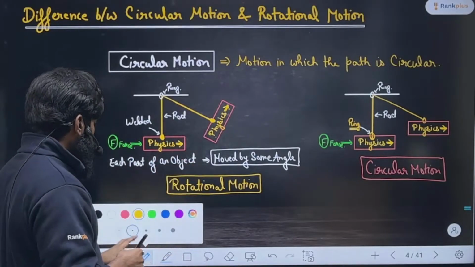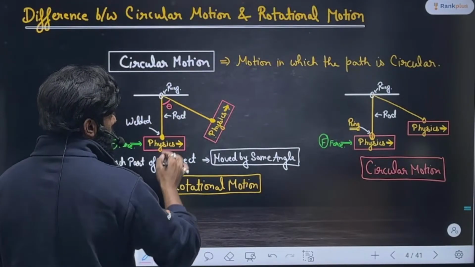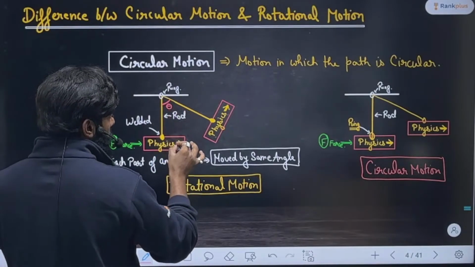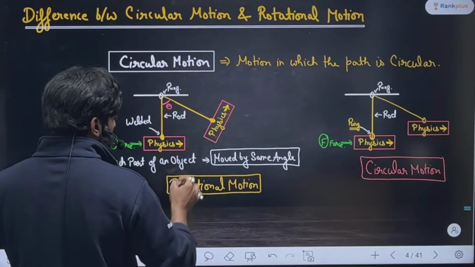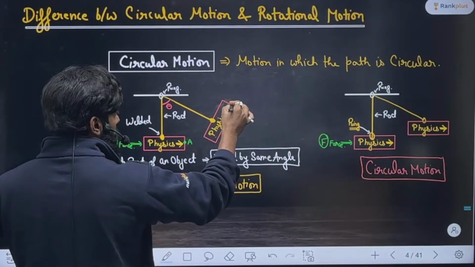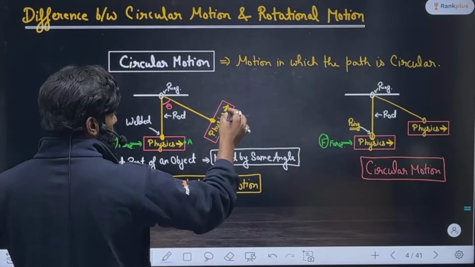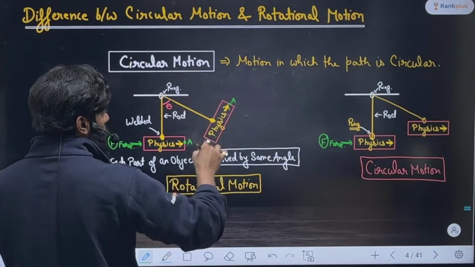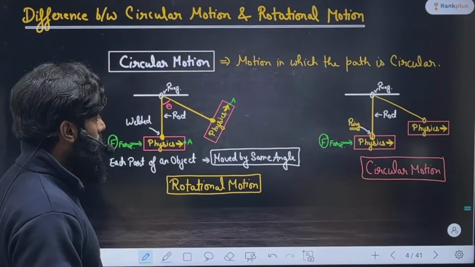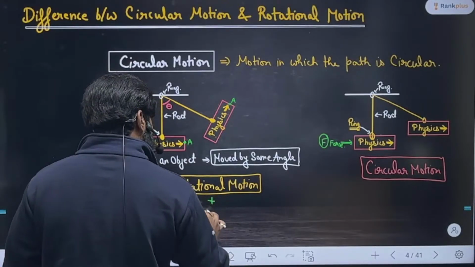If this object is moved by an angle theta, then any point on this object is moved by an angle theta. You can consider any point randomly, and all the points have moved by angle theta. You can take reference from anywhere. So this is basically a rotational motion, and I can say that it's also a circular motion.